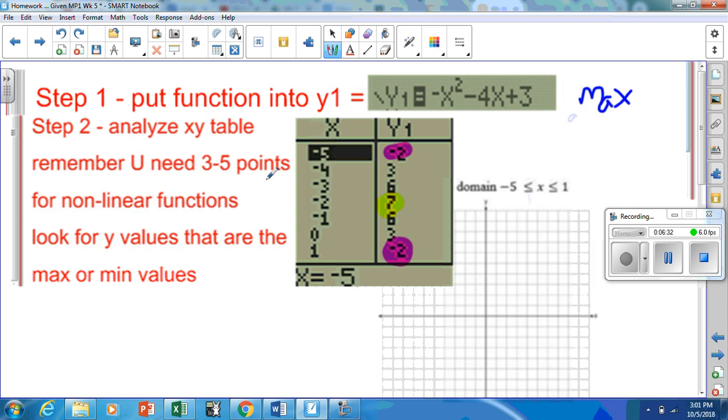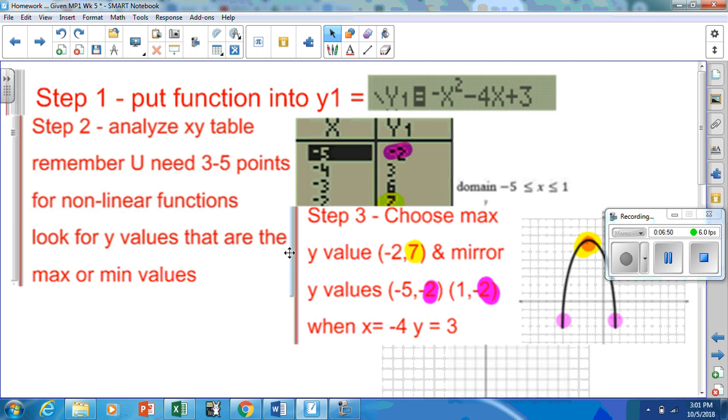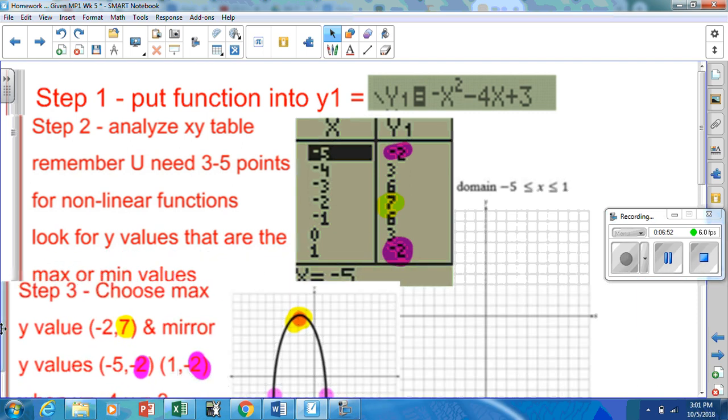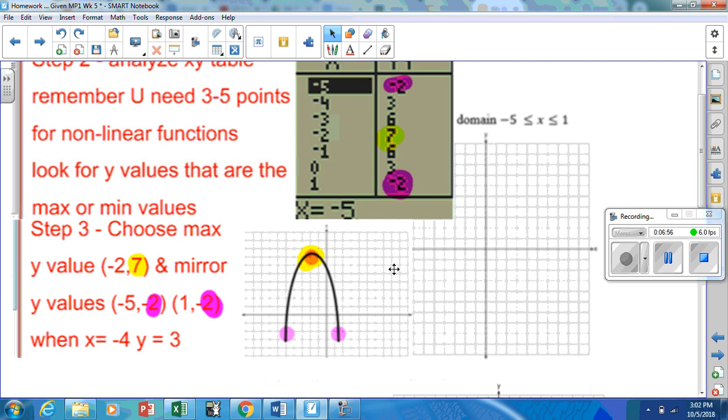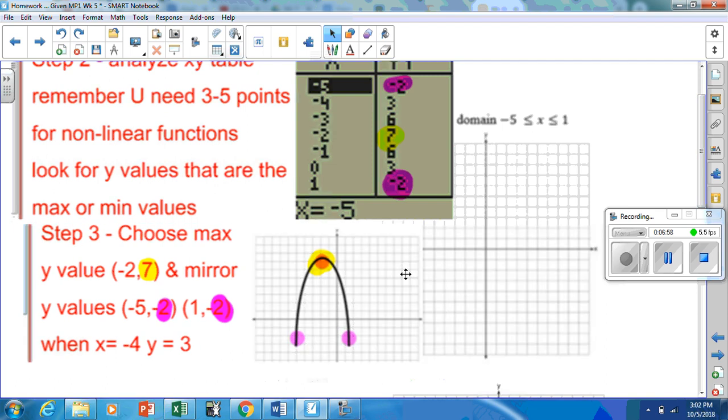Okay, so that being said, we're looking for y that is our max value, in which case we see 7. 7 is the largest value we have. So that allows us to graph a function of this order. All right.